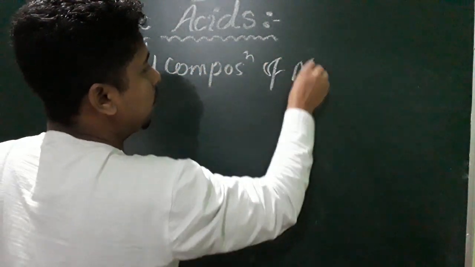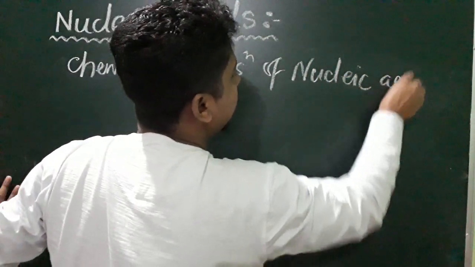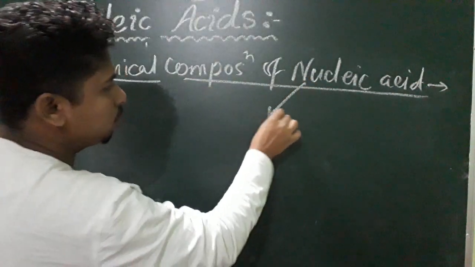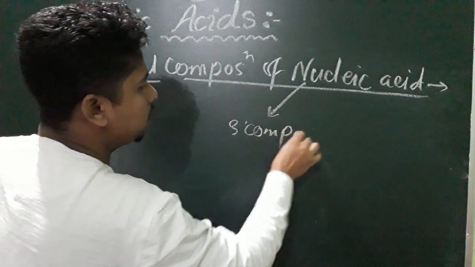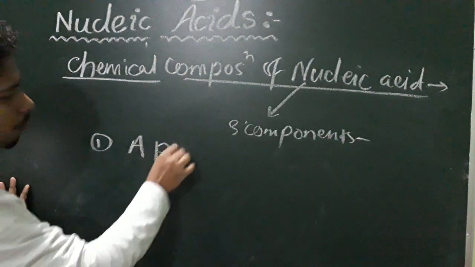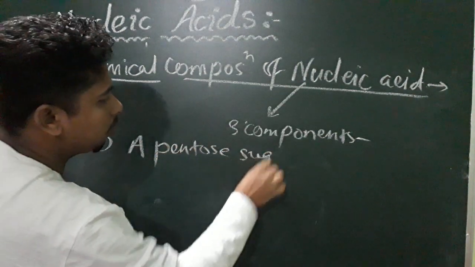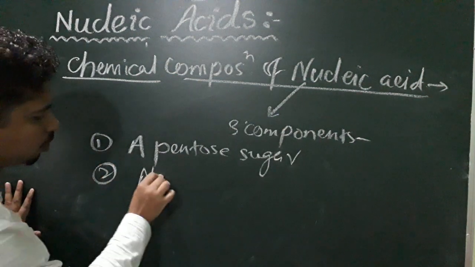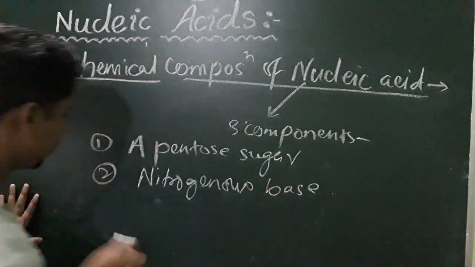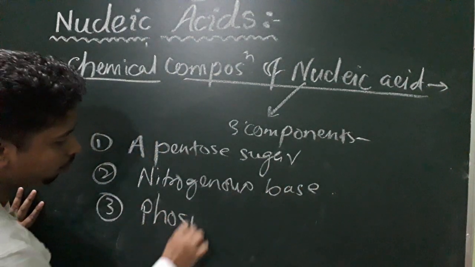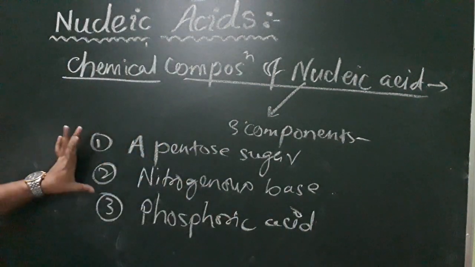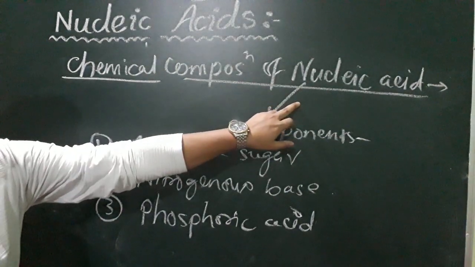Number 1 is a pentose sugar, number 2 is a nitrogenous heterocyclic base, and number 3 is phosphoric acid or a phosphate group. These molecules combined produce nucleic acid.